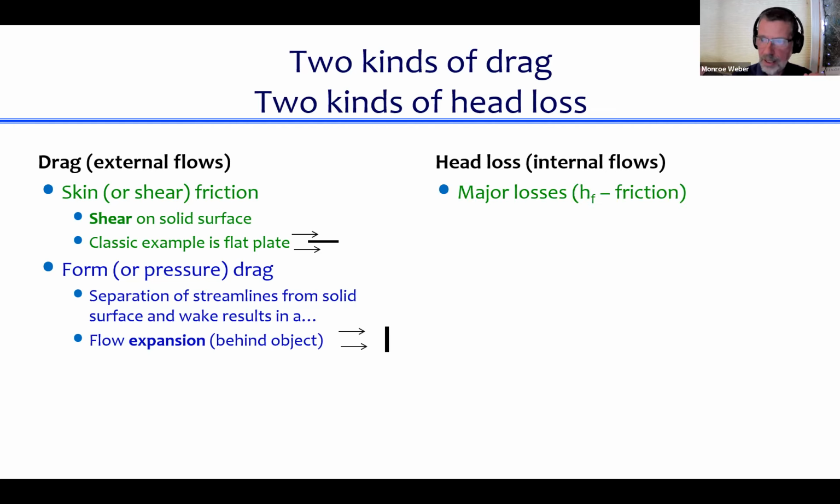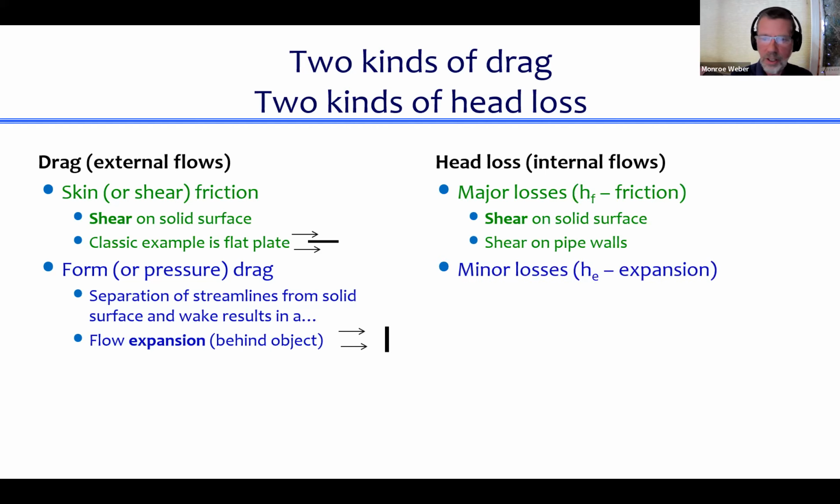So if we go to pipes, we have major losses, which we talk about as friction, and that's the same as shear, because it's also shear on a solid surface, on the pipe walls. So major loss is about shear on the pipe walls.